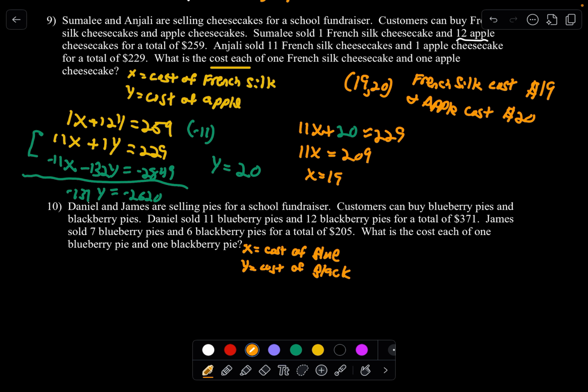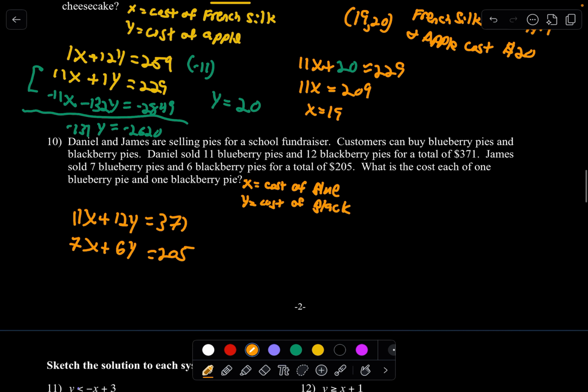So Daniel sold 11 blueberry, 11 times x, and 12 blackberry, so that'll be 12y, and that's going to be for $371. There's one equation. Then James, me, sold 7 blueberry, 7x, and 6 blackberry, 6y, and that equals $205. All right, so you just have to solve this system.